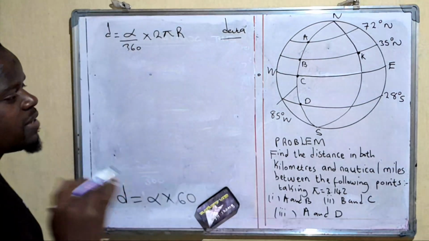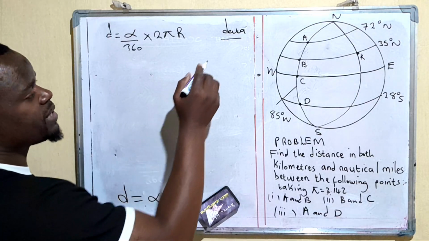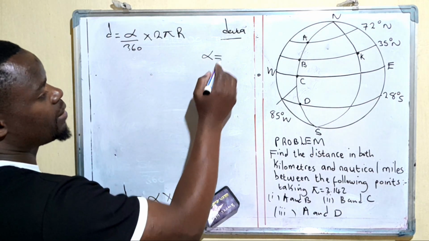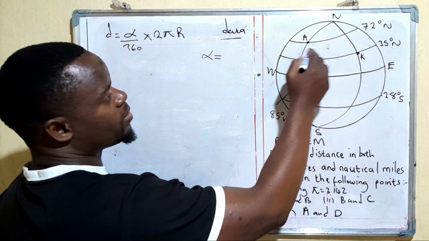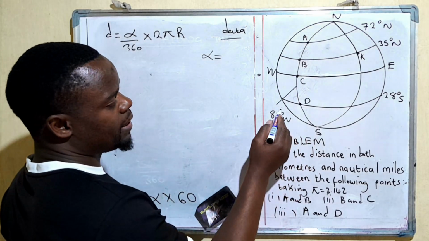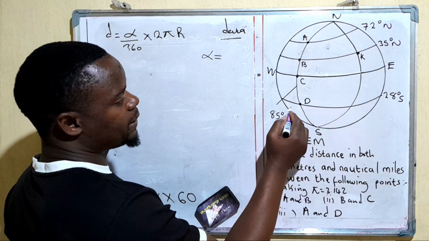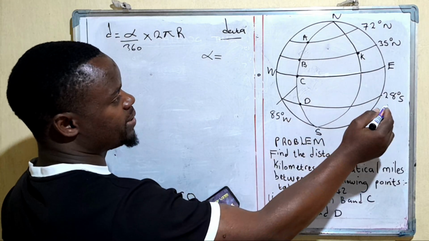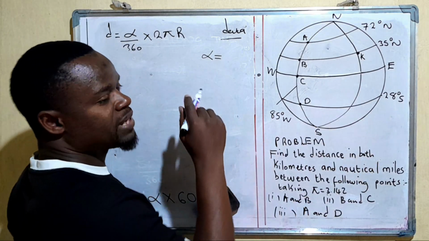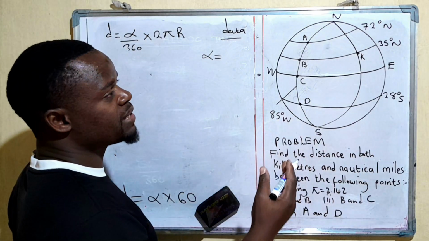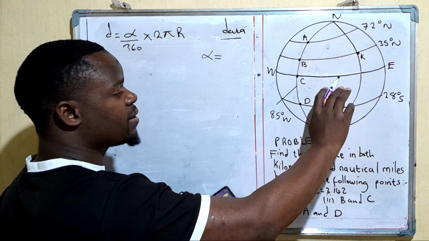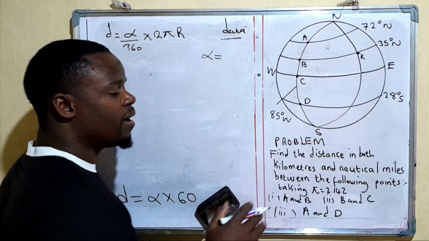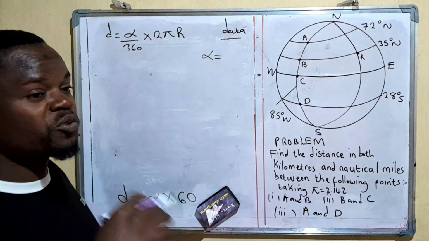All right, first things first, let's find the difference in latitudes. So latitude 1, where is it? A is on 72 degrees, and then D is on 28 degrees. Since they're in two different hemispheres, this one in the northern hemisphere, this one in the southern hemisphere, what we need to do is add them.